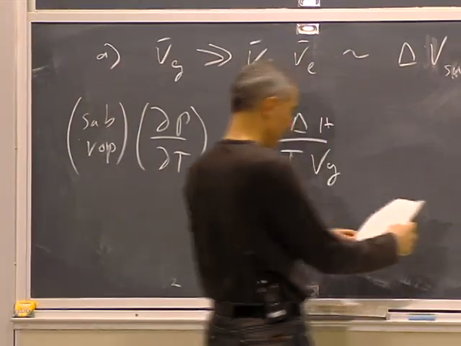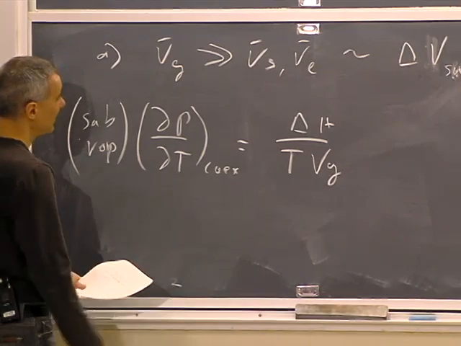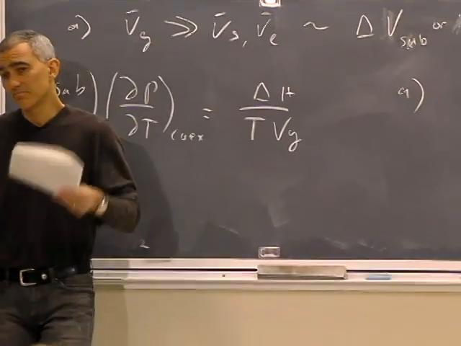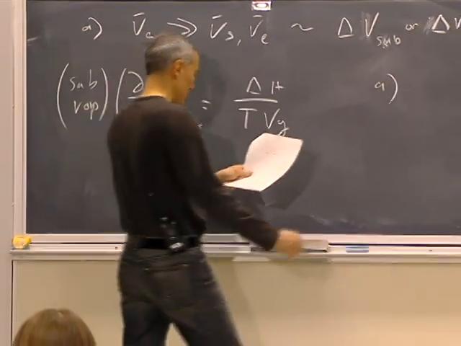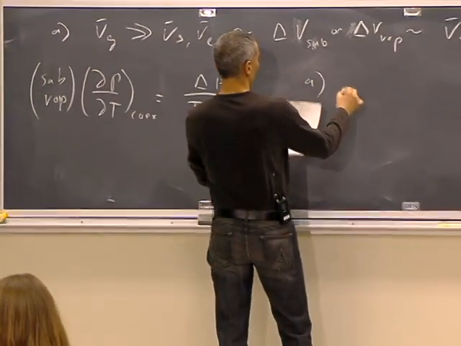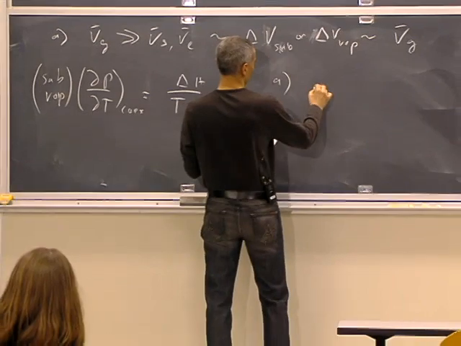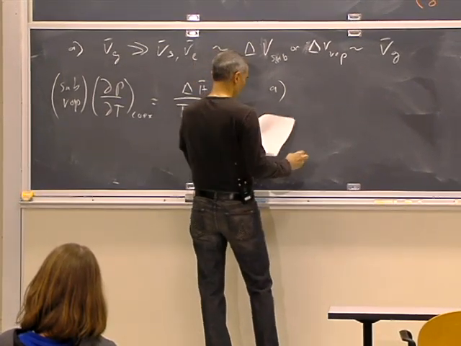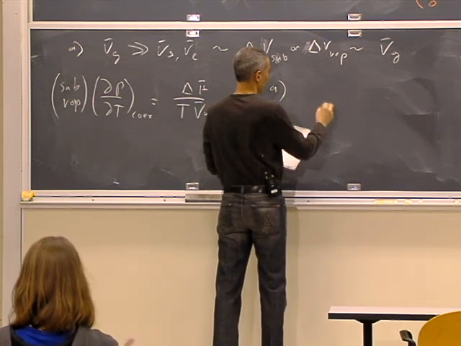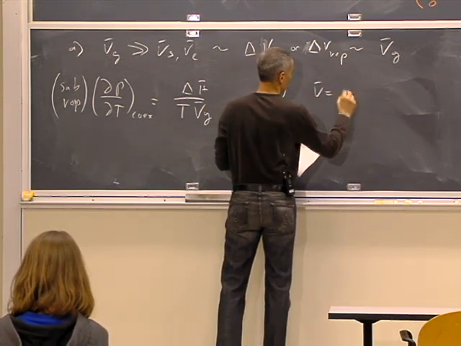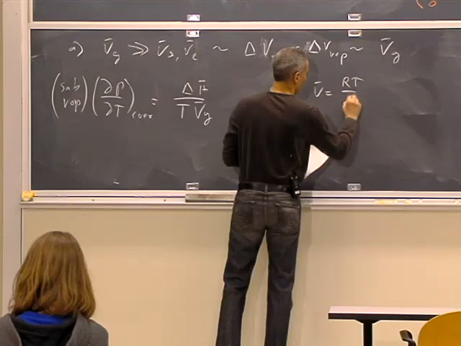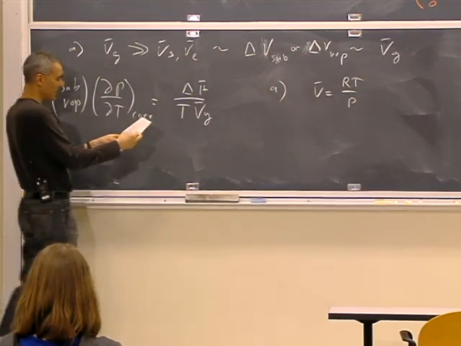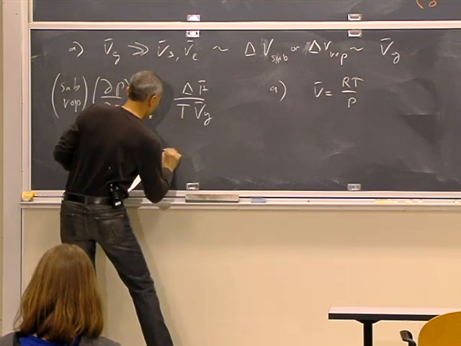Then the next assumption that he realized you could make was, well, all these gases are just like ideal gases. So instead of having the volume of the gas here, we can use the ideal gas law. Let's do all this per mole. So V is equal to RT over P. You can plug this back in here. And then you end up with the Clausius-Clapeyron equation.